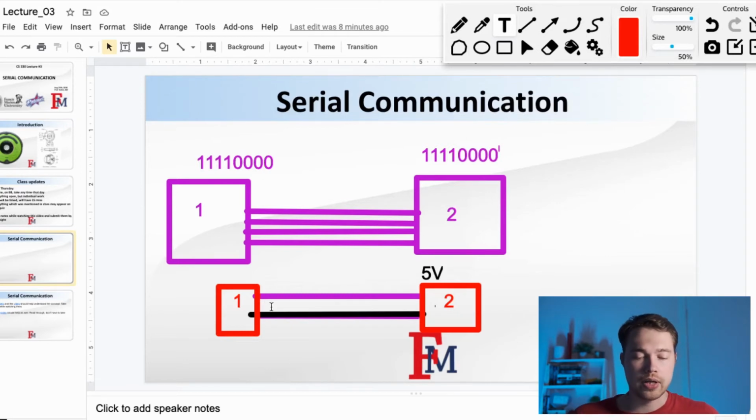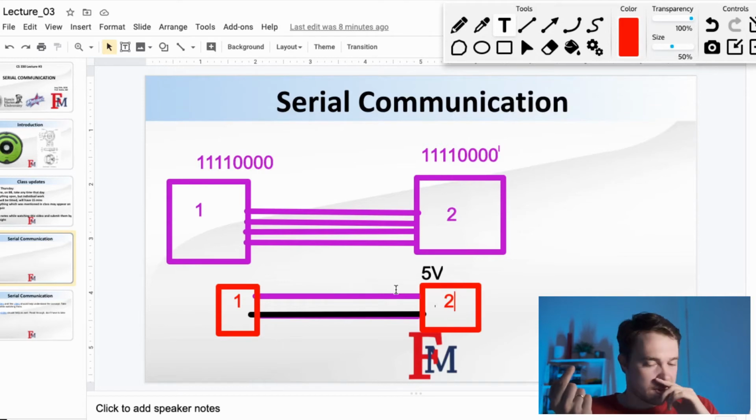They have 1 wire for ground and the other wire for the signal, but I'm going to send you bits one after another. First off, we have to agree on something. For example, we agree that I'm going to be sending you 1 bit for each second.